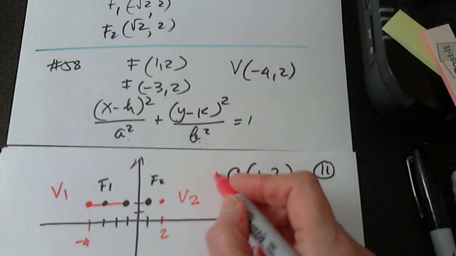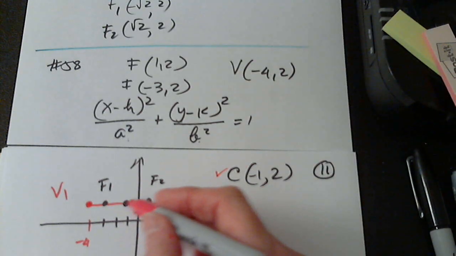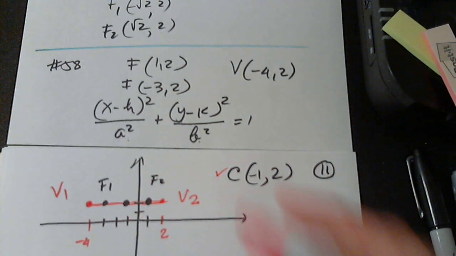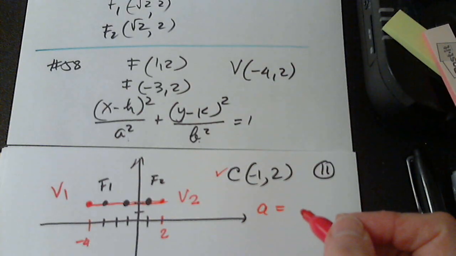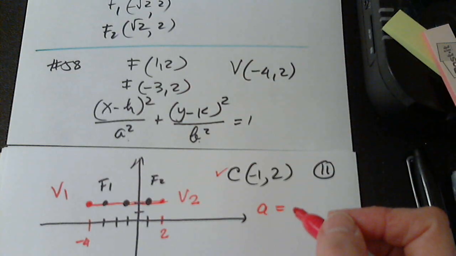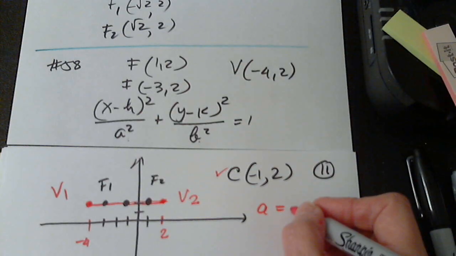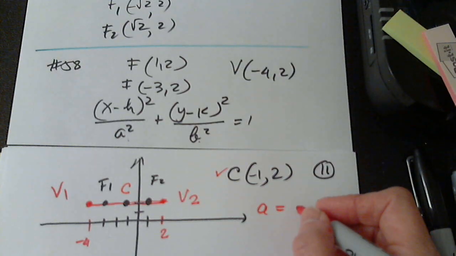Good. So we have the center. We have a. Can anyone give us how much is a? How long is a, from the center to the vertex, either one of them?